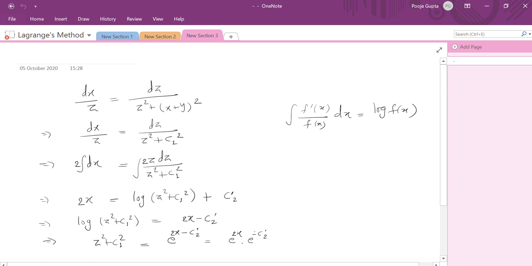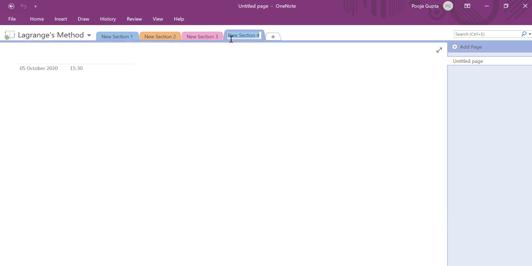In place of e to the power minus c2 dash, this is nothing but some other constant, so we can write c2 in place of this. This will be c2 e to the power 2x. So here we are getting z square + c1 square = c2 e to the power 2x.